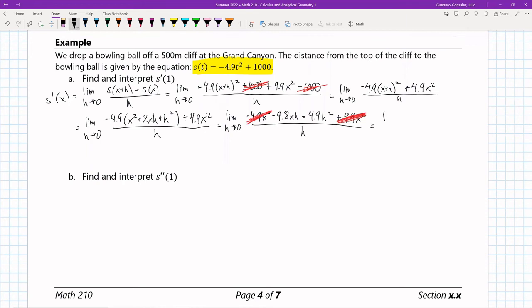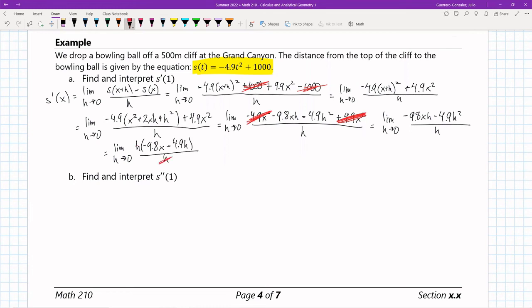This now reduces to the limit as h approaches 0 of negative 9.8xh minus 4.9 h squared all over h. I think you guys see what's going on here now. Everything on the top has an h in it, so h times (negative 9.8x minus 4.9h) all over h.